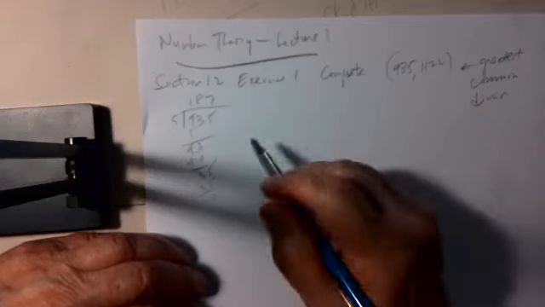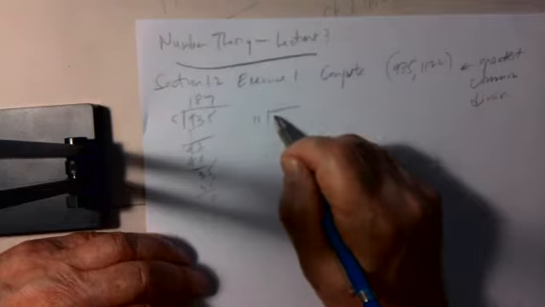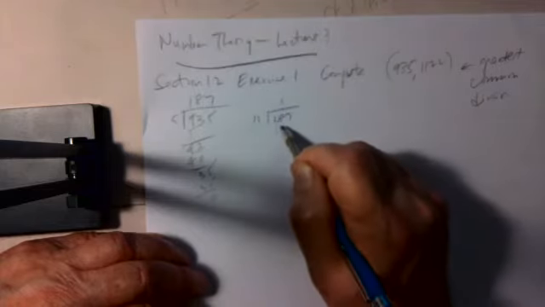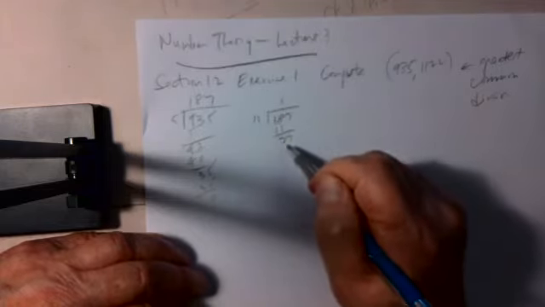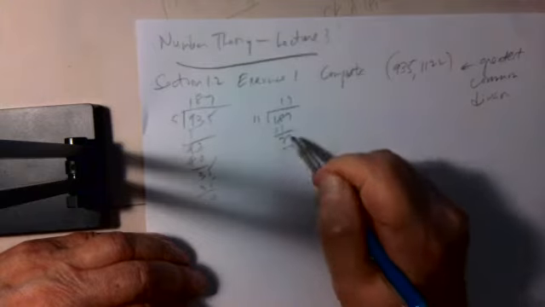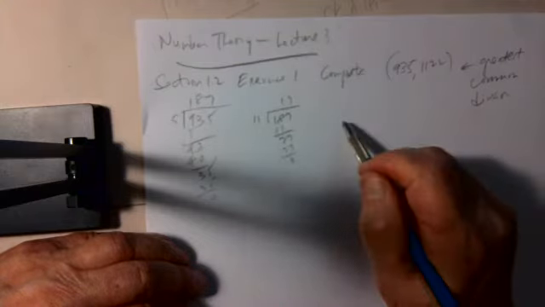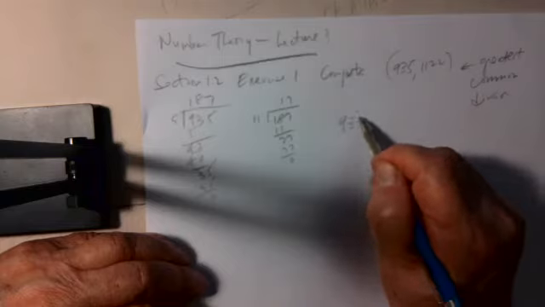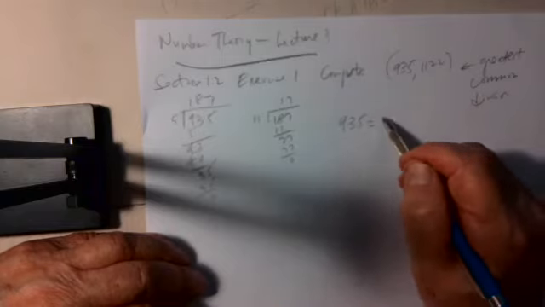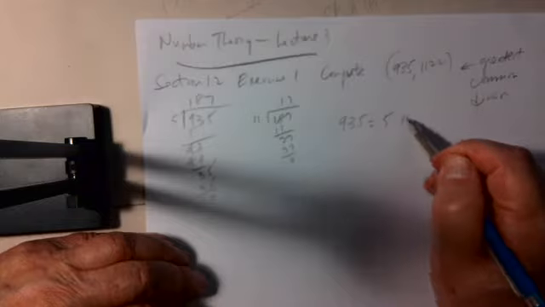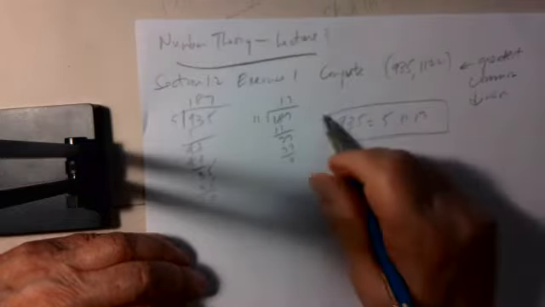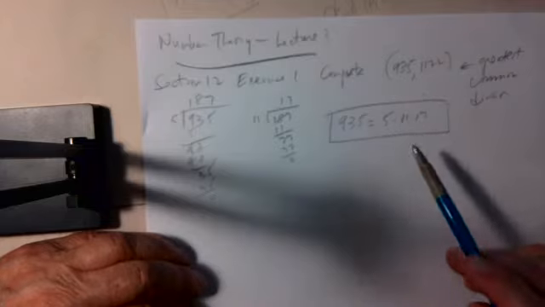It is divisible by 11. So 935 is 5 times 11 times 17. So if we factor this number as much as we can, this is what we get.